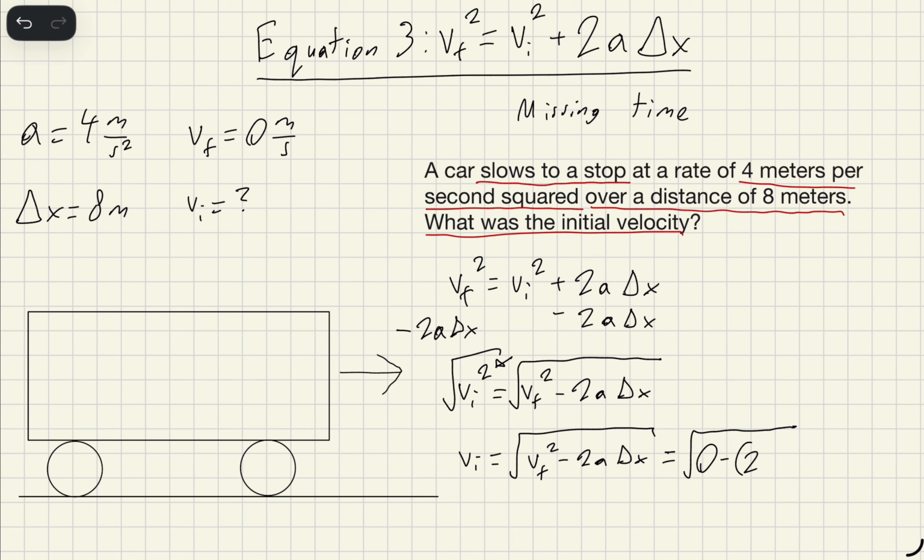Acceleration I put as 4 meters per second squared. However, this isn't entirely accurate, and I did this on purpose so I could point it out later. The car is slowing down, and so we know that the acceleration is actually negative. It is a deceleration. So it's 2 times negative 4 times delta x, which is 8.